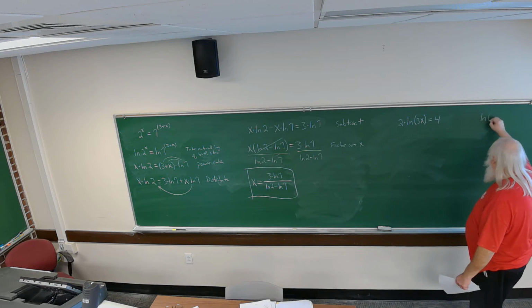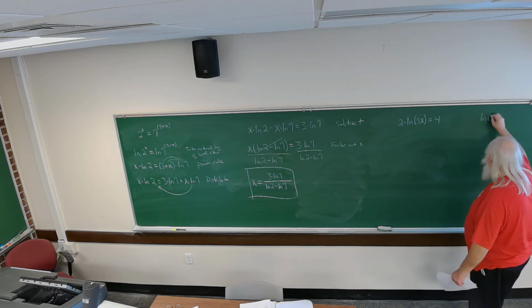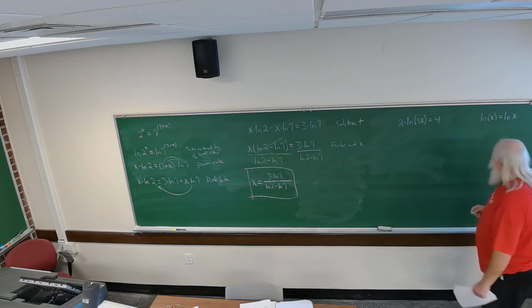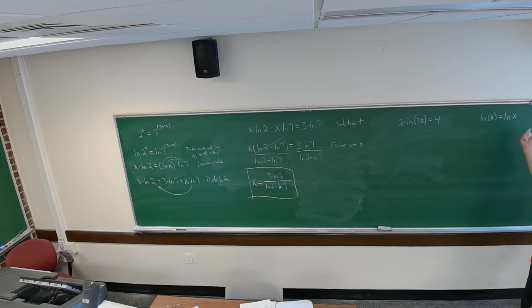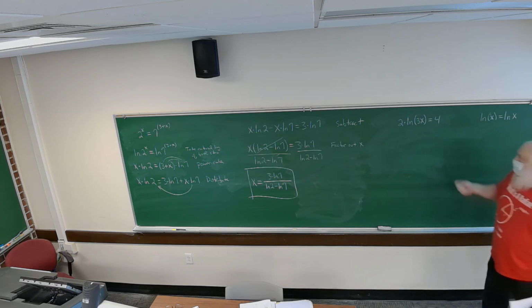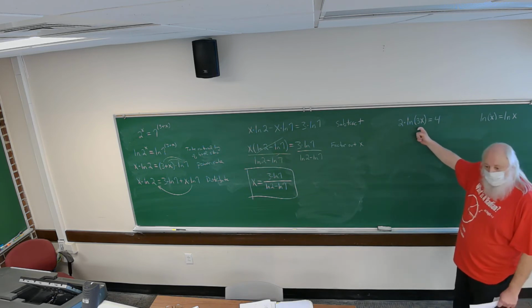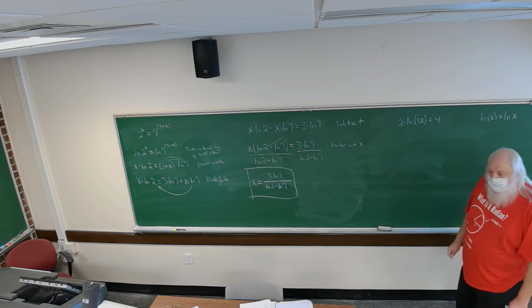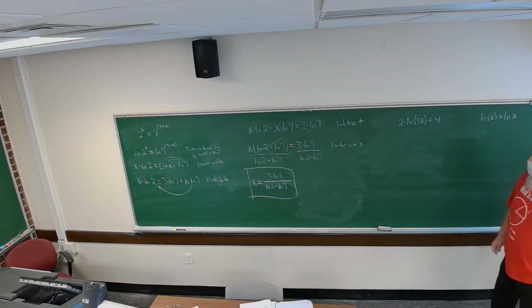So remember, the natural log of x and ln of x mean the same thing. We just drop the parentheses. Sometimes we put parentheses around the argument that goes into the natural log function, and sometimes we don't.